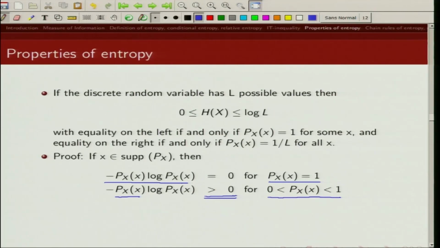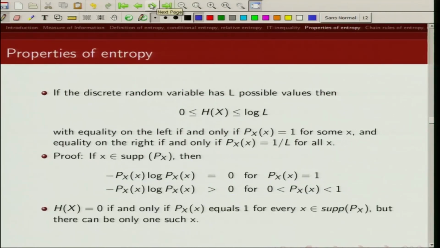So what we have shown here then is, if for some value of x p of x is 1 and for other values p of x is 0, then the entropy will be 0, otherwise entropy will be greater than 0.